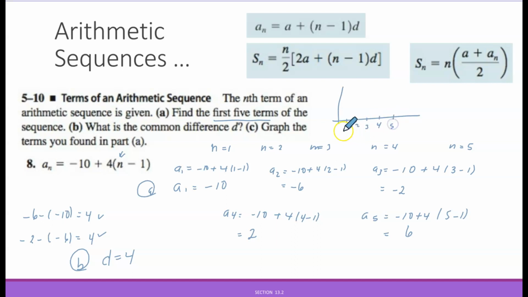On the y values, we're going to list our a sub n values. Okay, so we would have (1, -10), (2, -6), (3, -2), (4, 2), (5, 6), and that's what a graph would look like.